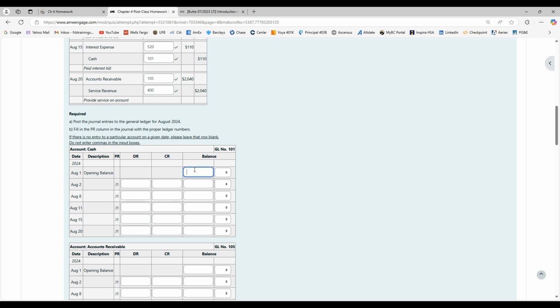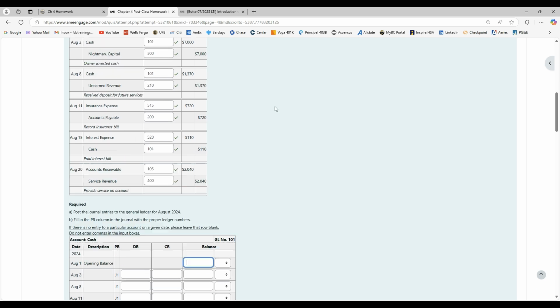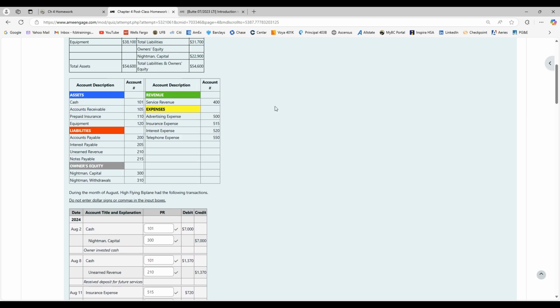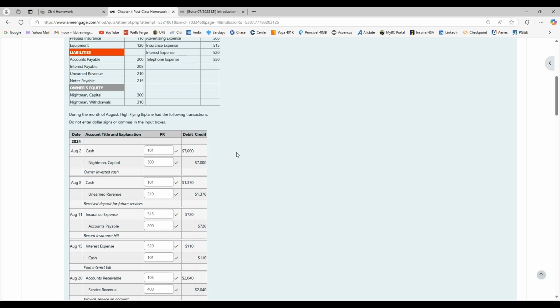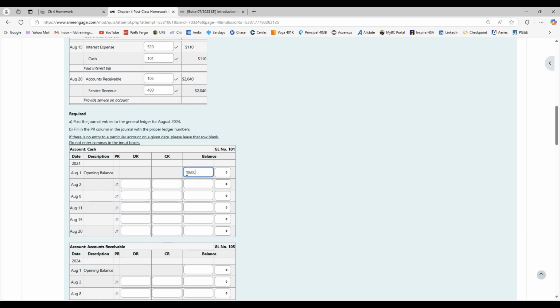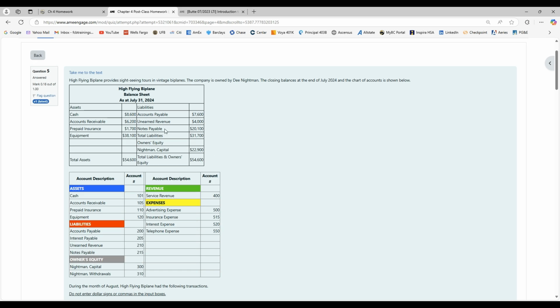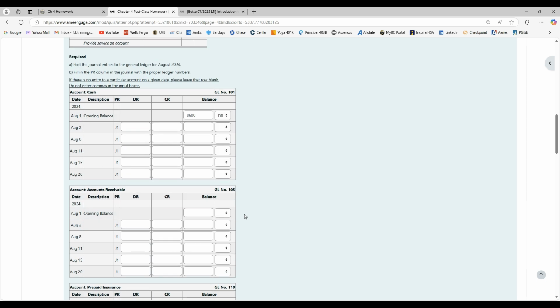Okay, so for cash, first, actually there's a few things we need. We need our opening balances first of all. So let's go through and put in opening balances. So 8,600, and assets always have debit normal balances. Accounts receivable 6,200. Again, a debit.